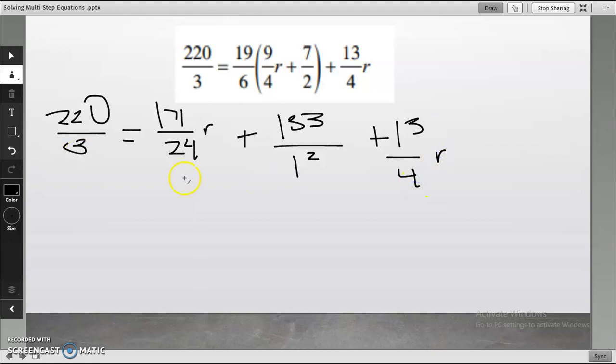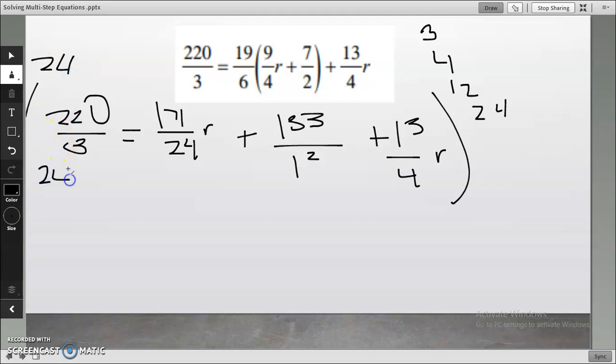So now, least common multiple. I have 3, 24, 12, and 4. We're all really good at math here, right? We all know that the least common multiple of 3, 4, 12, and 24 is in fact 24. So I'm going to multiply everything by 24, just like I did before.